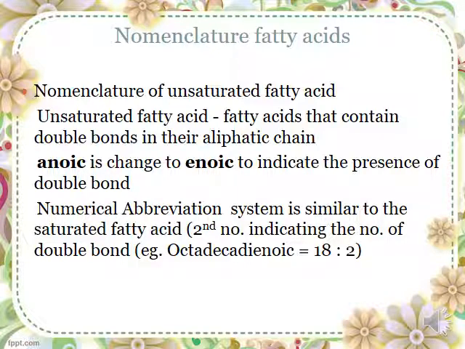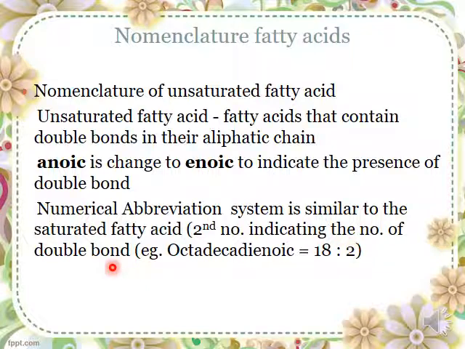Next, we will look at the nomenclature for unsaturated fatty acid, which means it has a double bond. Due to the presence of this double bond, the anoic of the naming becomes enoic. The numerical system will be the same as saturated acid, except instead of 0 for the second number after the colon, you have a number indicating the number of double bonds.